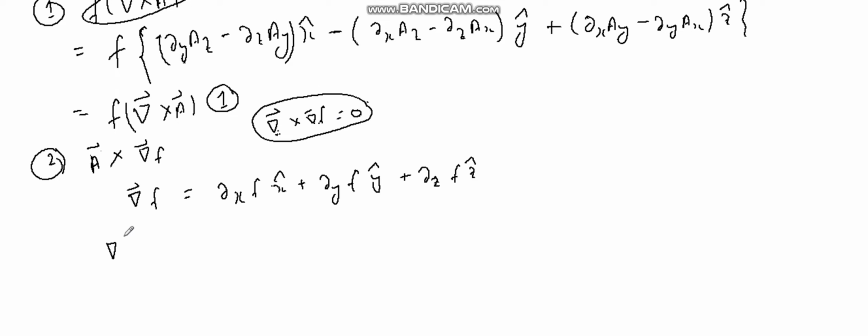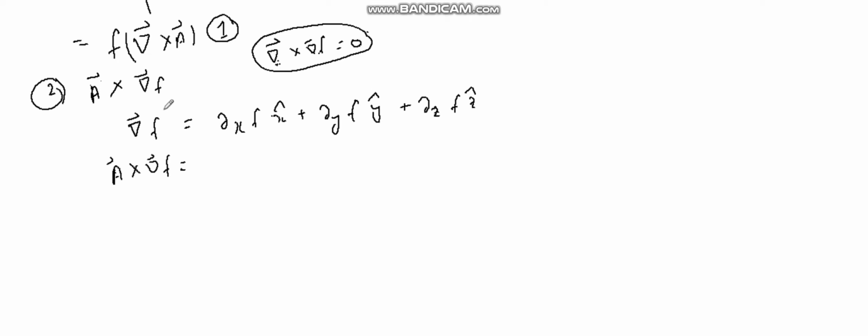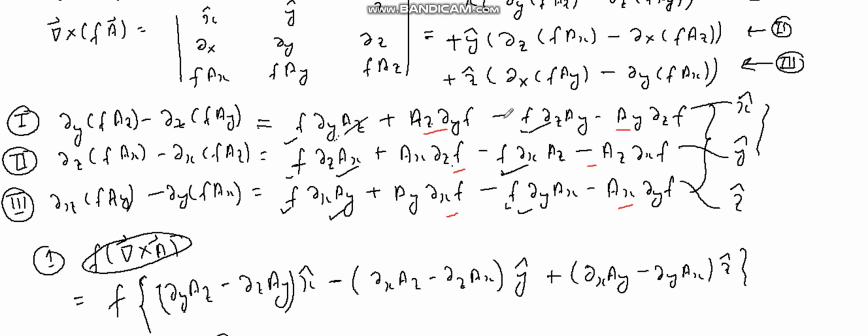Okay, so now, this is a, right? So let me remove this. Okay, a cross del of f, what is it going to be? So what I am doing is just expanding this into the component form and comparing this with these remaining terms in the LHS, these red terms in the LHS.